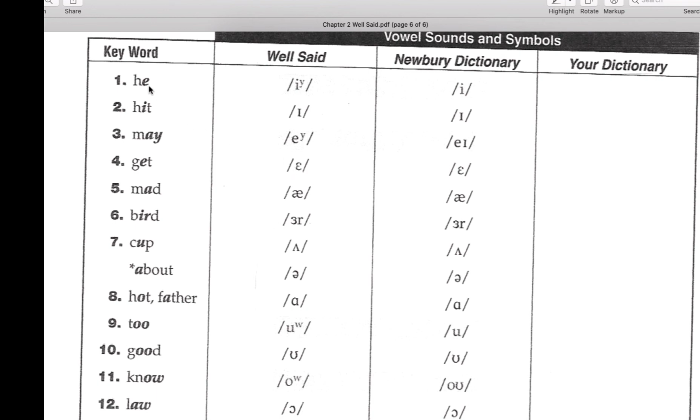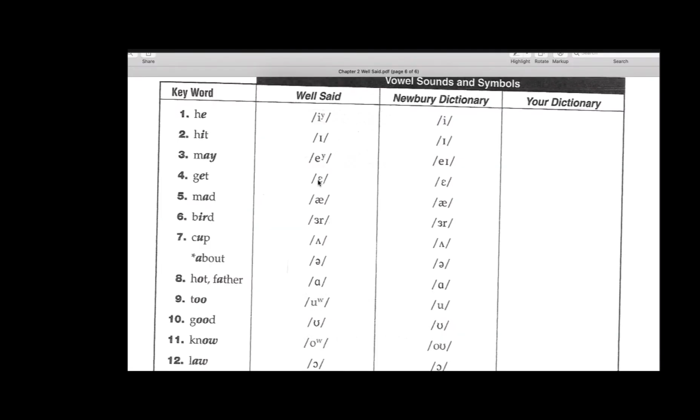Now this one you'll recognize, H-E, he, but when we transcribe it, it will look like an I, and that's what's confusing. So that's why we don't rely on spelling. We rely on symbols, but you'll have to get your mind used to figuring out what is spelling and what is the symbol for the sound.